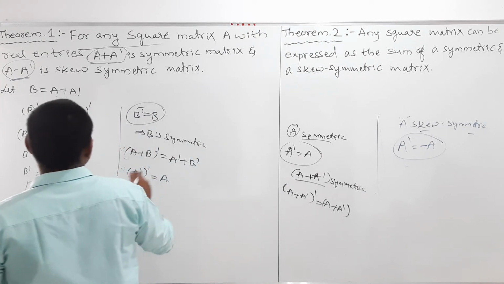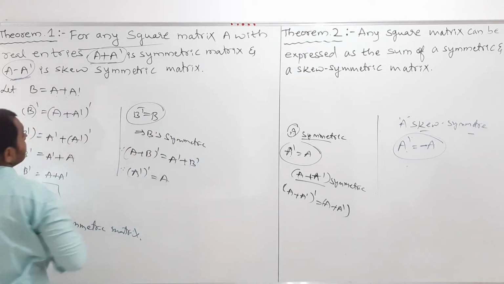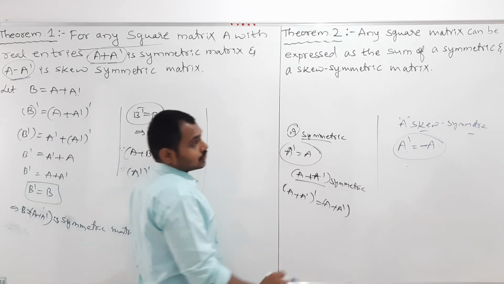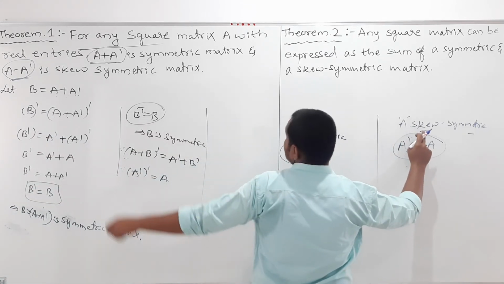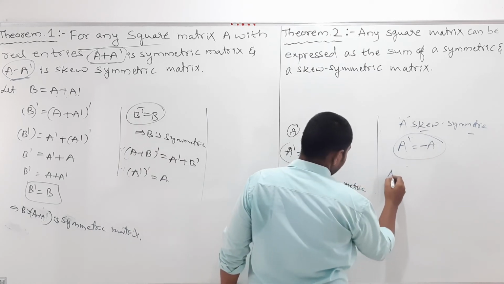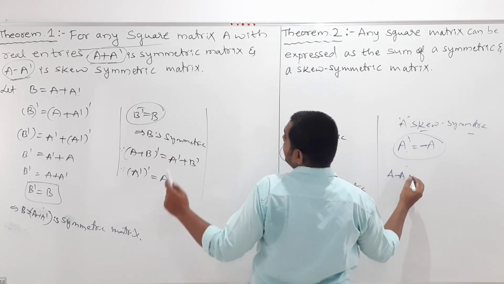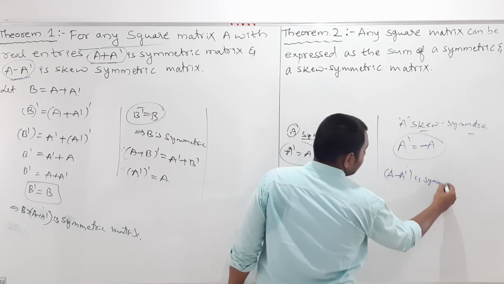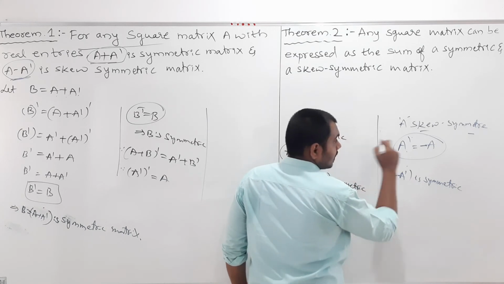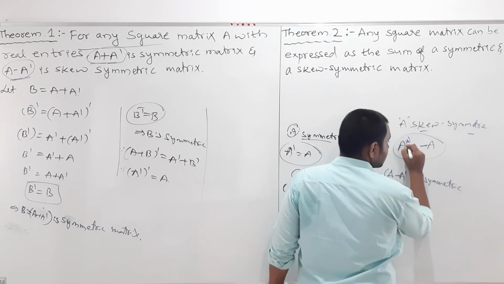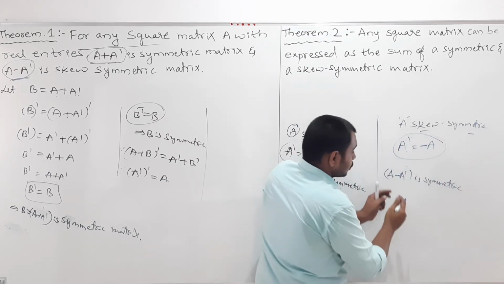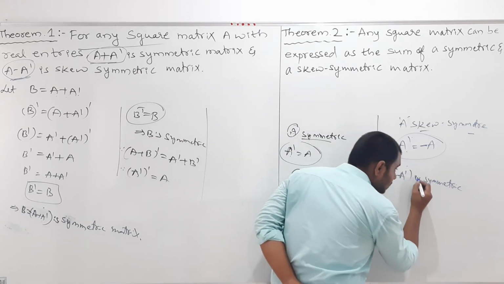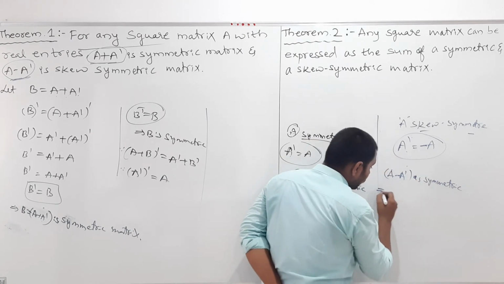But now I wanted to show that A minus A dash is skew symmetric. So I should take A minus A dash, and show that it is skew symmetric. What should I do?